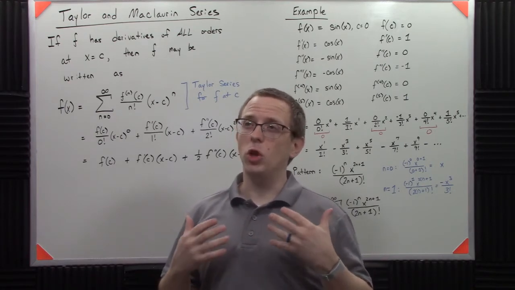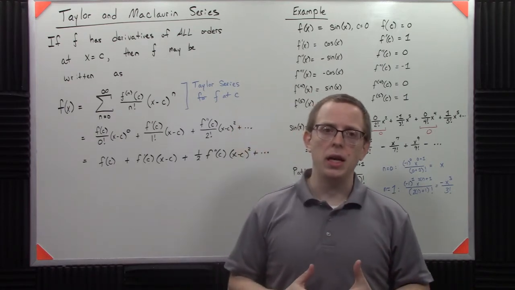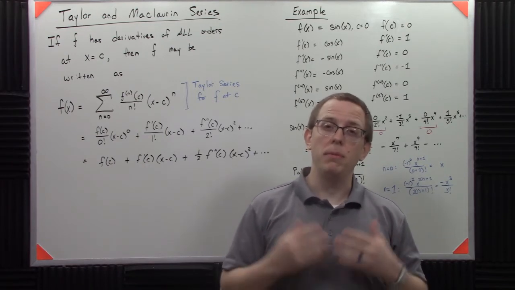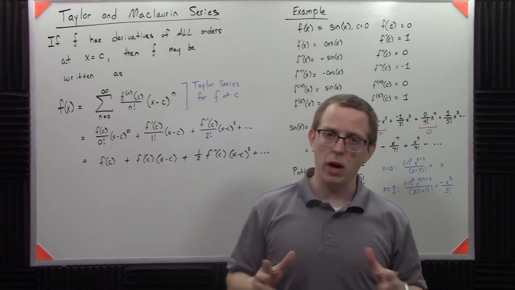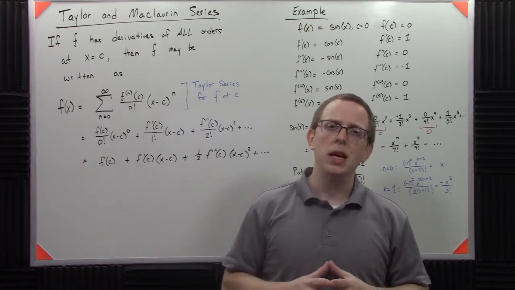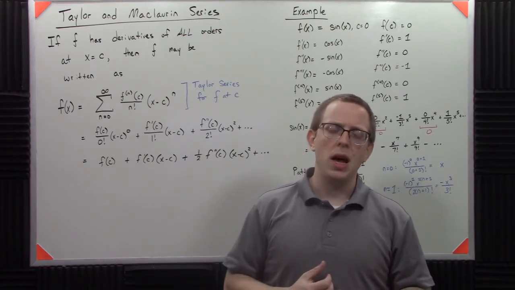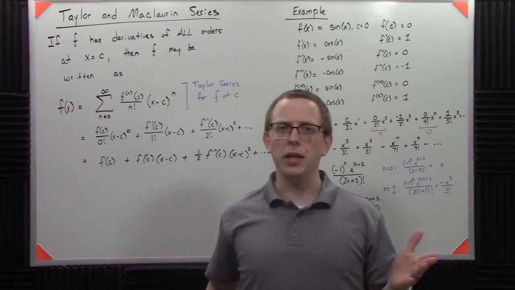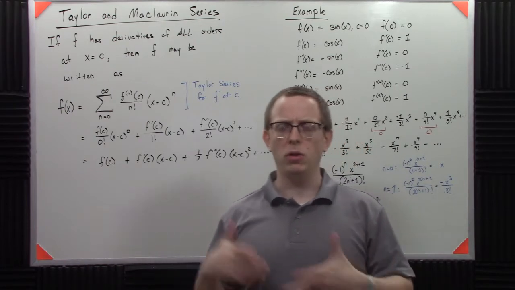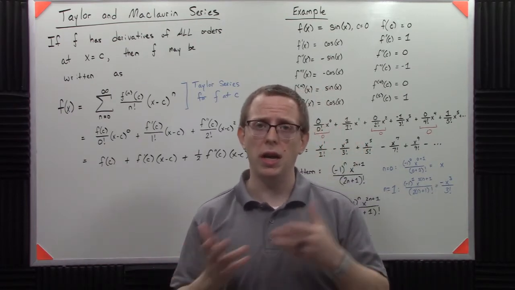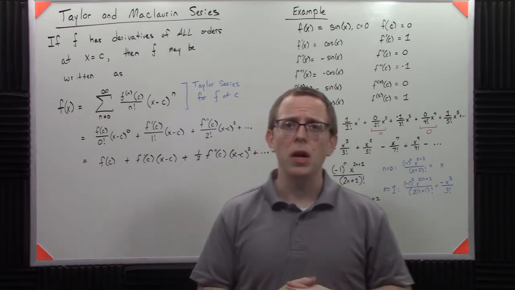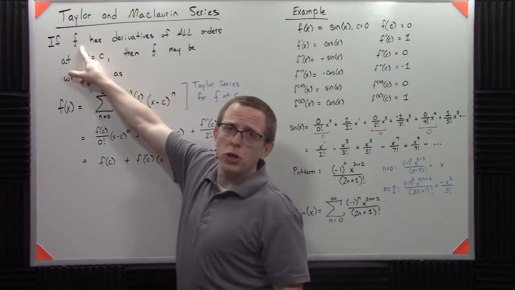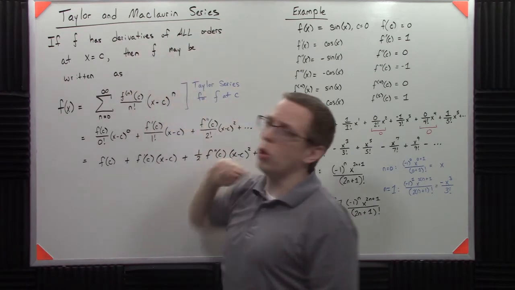The qualifications to get a Taylor polynomial for a function in mathematical terms are exceedingly rare. You never find functions like this. But in terms of physical processes and most things that we see when we model real-world phenomena, we almost always get it. So it's a disconnect between the way mathematicians study it and the way physicists would study it. But if you take some function and it has derivatives of all orders, what does that mean?